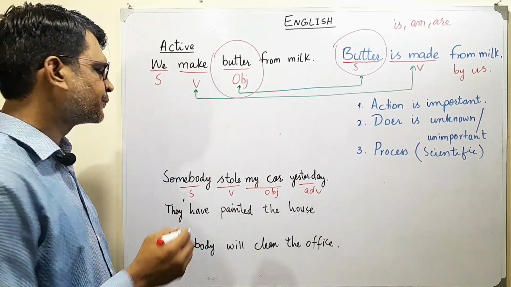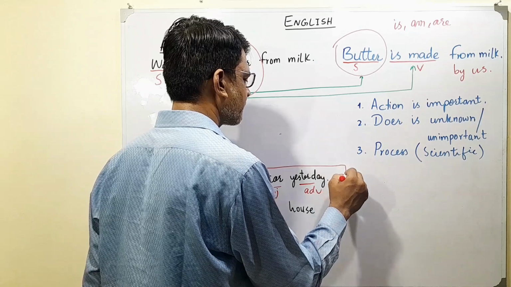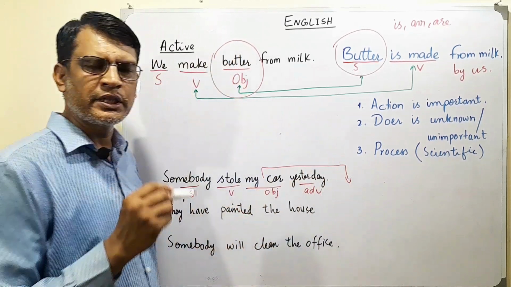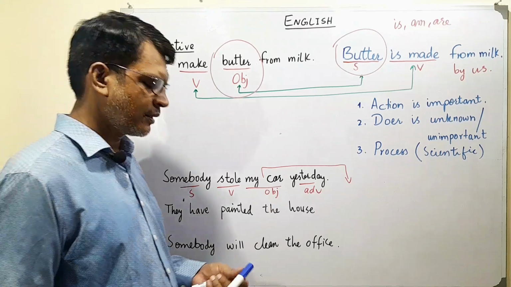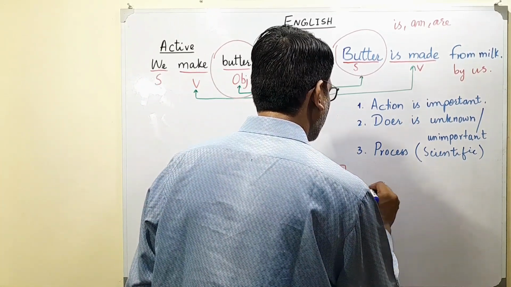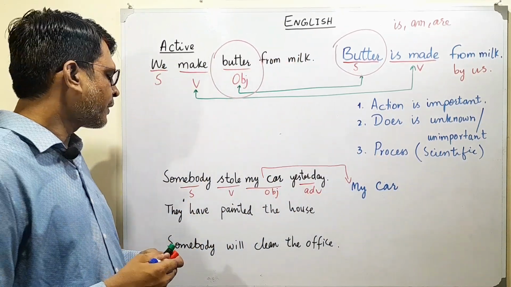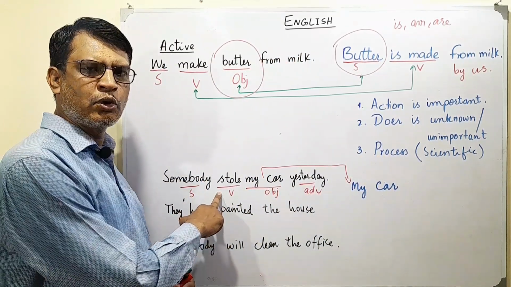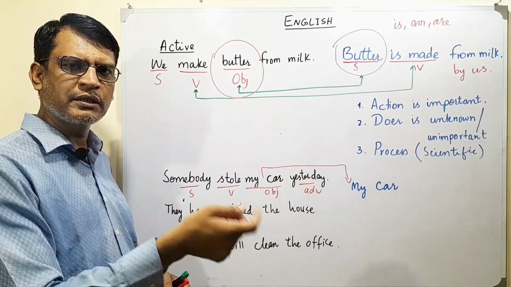Somebody stole my car yesterday. What do you need to do? First of all, you need to take this object, because this will be the subject of our passive sentence. So we say, my car. Now, the verb is stole, which is past tense. Now, we will change it into past passive.